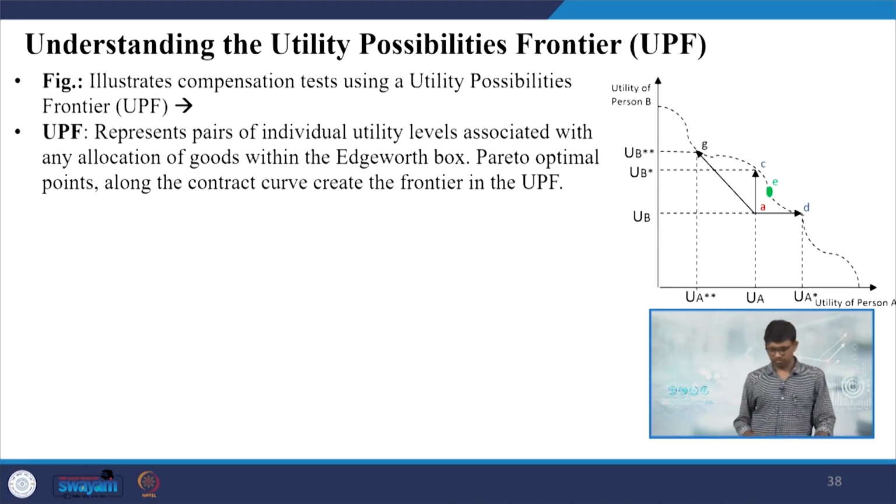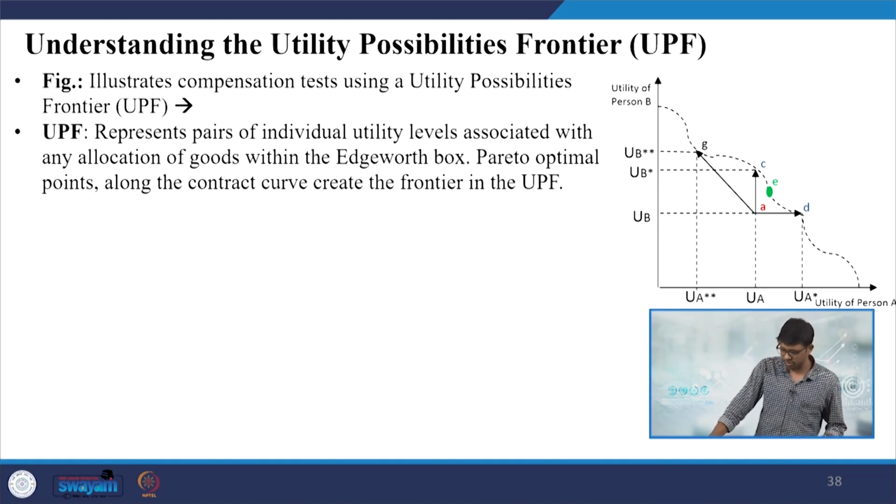So, in this diagram the Kaldorian principle or the compensation principle is revisited, and this illustrates the compensation test using a utility possibility frontier, that is UPF. This represents a pair of individual utility levels associated with any allocation of goods within the Edgeworth box diagram.